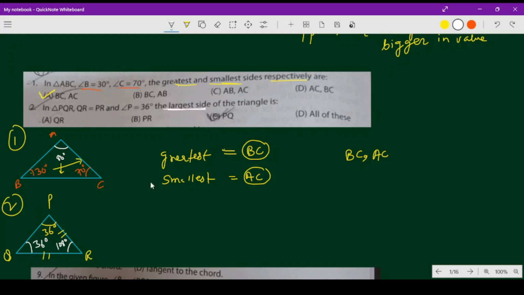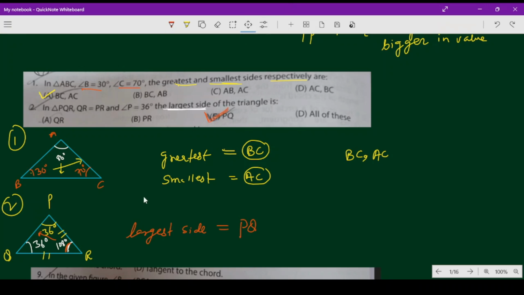So the largest side is the side opposite the biggest angle. As angle R is 108, which is largest among these three, its opposite side is PQ. So the largest side is equal to PQ, which is given in option number 2.